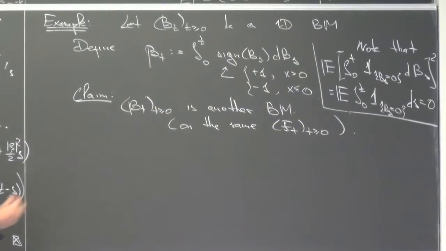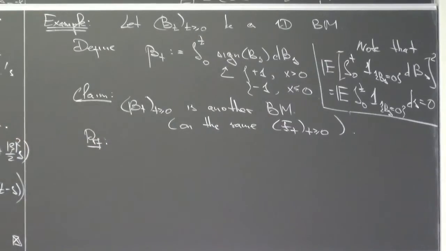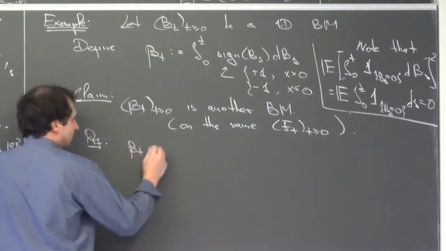So the computation is actually trivial because, well, we know that beta t is a local martingale.